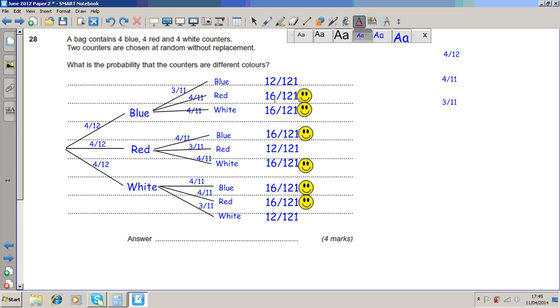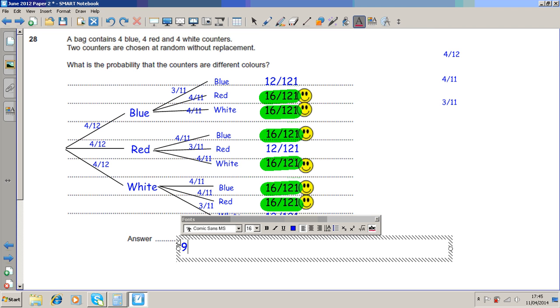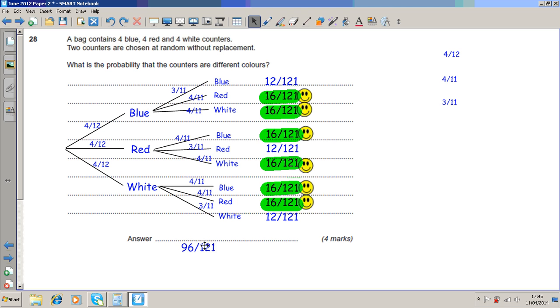So I'm going to add together each of those ones with the smiley face next to them. 16, add 16 is 32, add 16 is 48, add 16 is 64, add 16 is 80, add 16 is 96. 96 out of 121 is our answer.